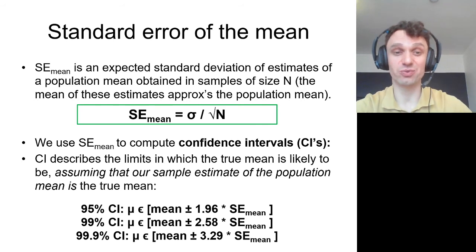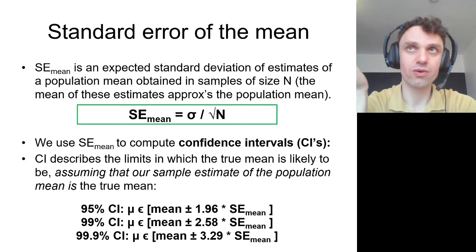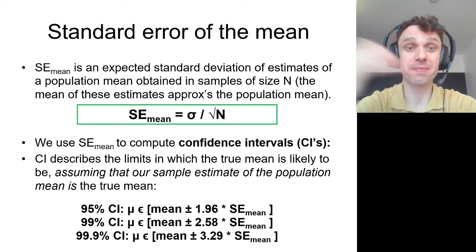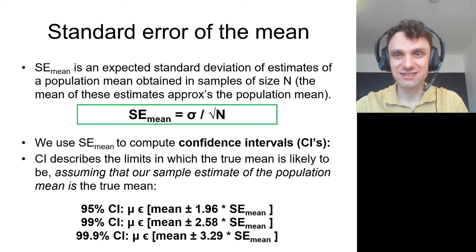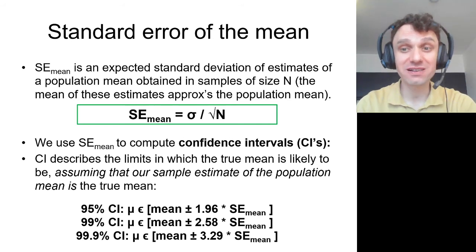And this way you can actually find where the true score is supposed to be. But obviously, how wide those boundaries are depends on how large your sample is.